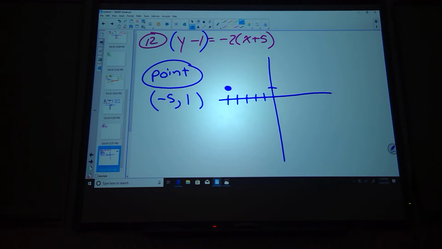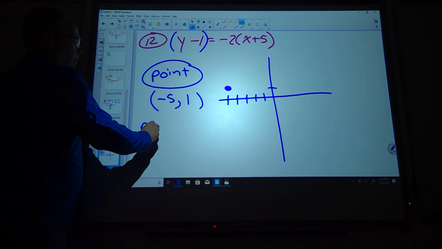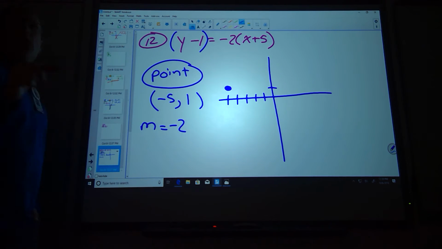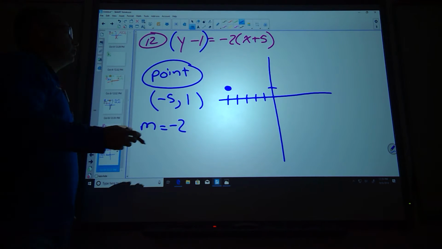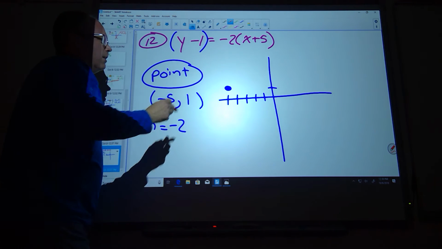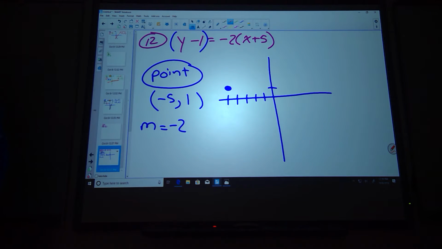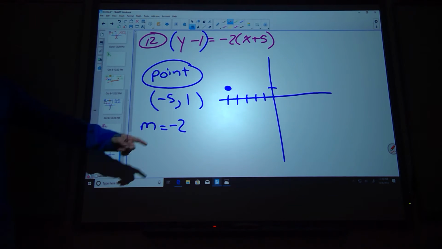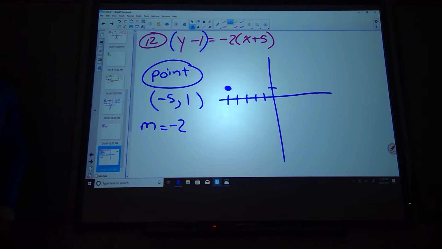What's my slope? -2. So a negative slope is increasing or decreasing? Decreasing, negative decreasing, right? All right, so how am I going to find a second point from the point I've already established, -5, 1? What should I do from this point with this slope?